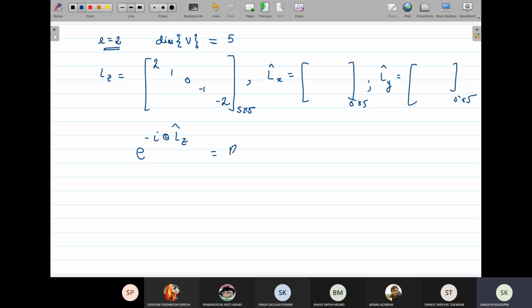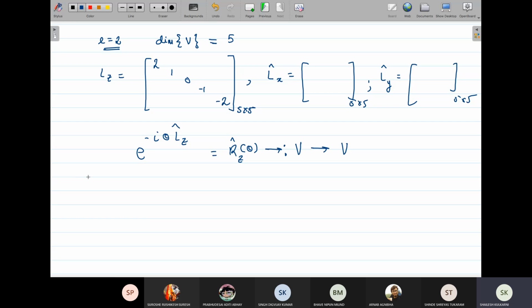You will get a rotation about the Z axis, but this will be a rotation operator which will act on this space and give me the same vector space. Not the same vector, the same vector space. So this Rz of theta will serve as a linear operator from V to V. So basically, by doing this, you have constructed a representation for rotation.